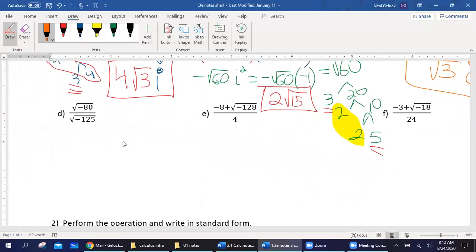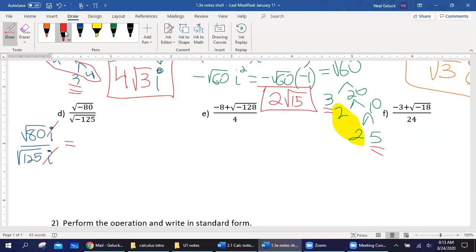On letter D, I'm going to extract out the i. Just like with anything else, I can cancel them out because I got them on top and bottom. Now, 80 and 125 don't really divide nicely into each other.